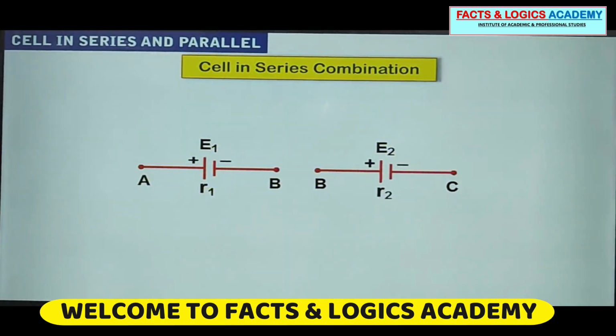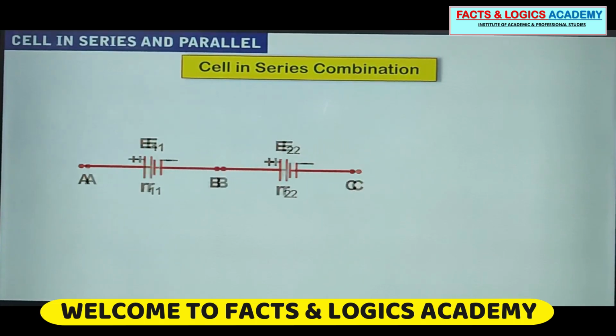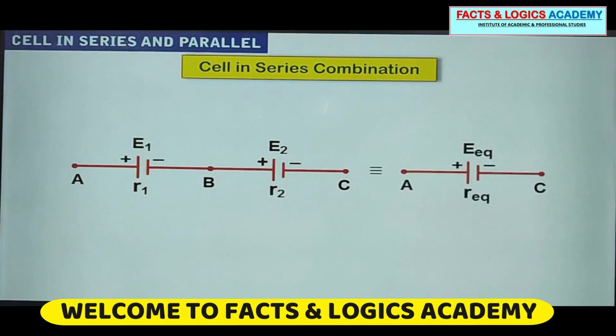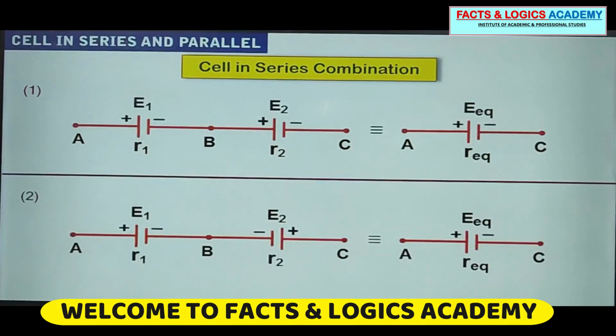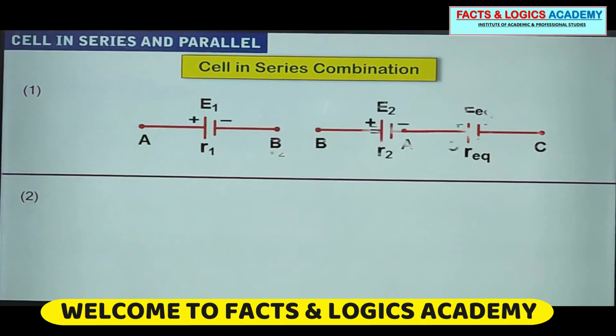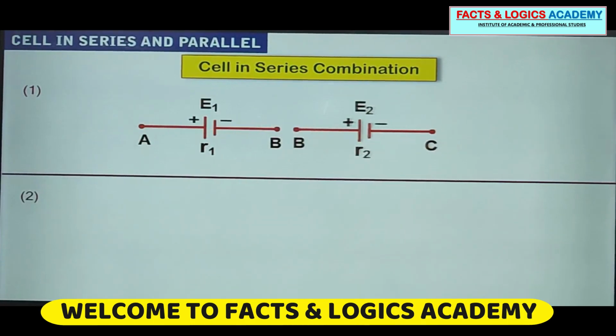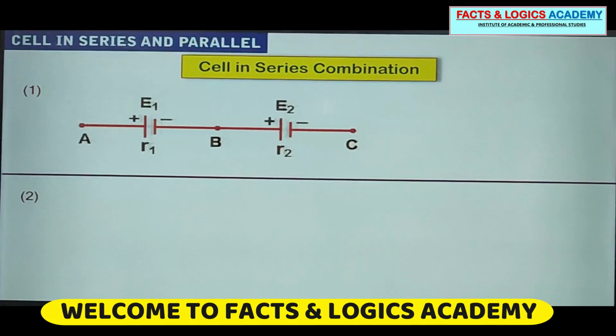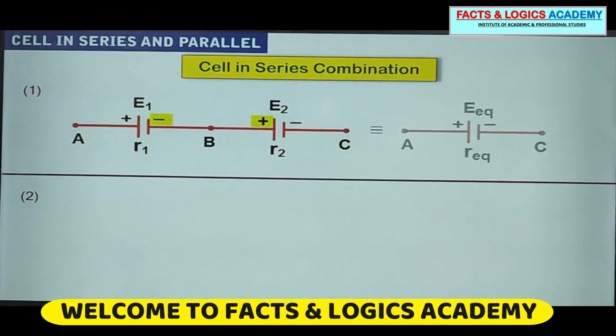First, let us consider a combination of two cells that are connected in series. One terminal of each cell is joined together, leaving the other terminal of the two cells free. There are two ways to make a series combination of two cells. In the first way, the negative electrode of the first cell is connected to the positive electrode of the second cell.